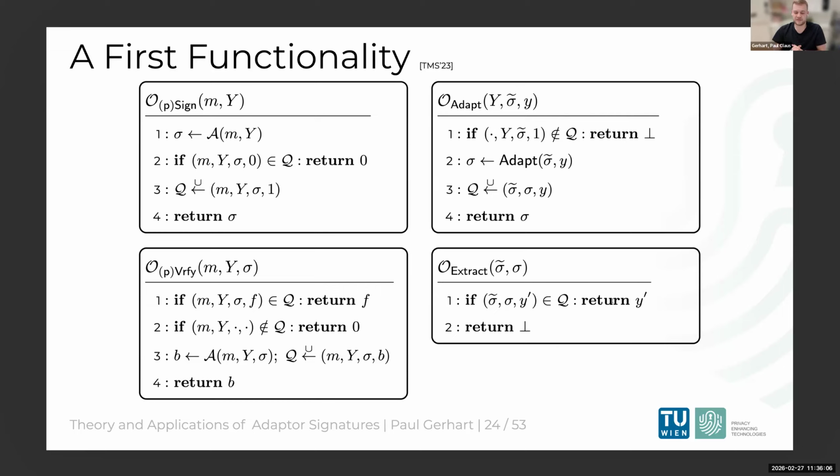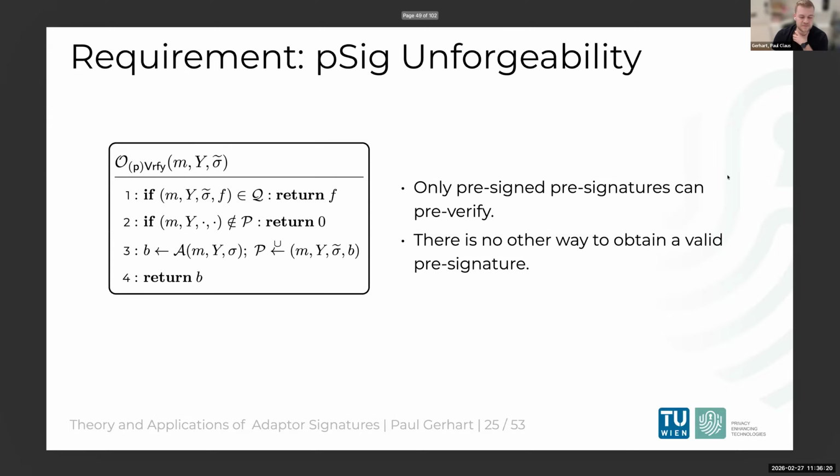And at first look, this functionality makes total sense. You have the signature functionality on the left, and on top you have these 2 oracles, which are similar in flavor to the right ones. However, there are a bunch of problems. The first problem is that this functionality requires pre-signature unforgeability.